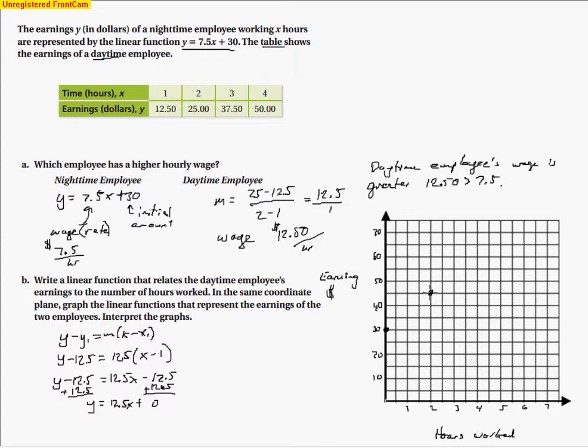And then I could do that again, going up 15 over 2, that would be another point. And I could do that one more time. So up 15 over 2 puts me right there. So this is the line for the nighttime employee. So I'll write down nighttime.